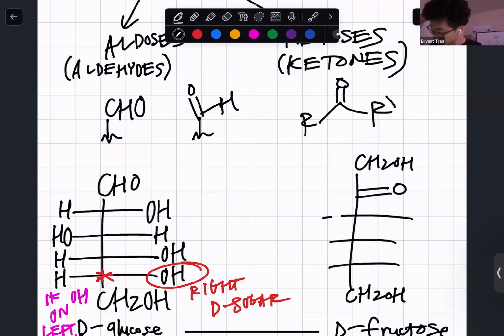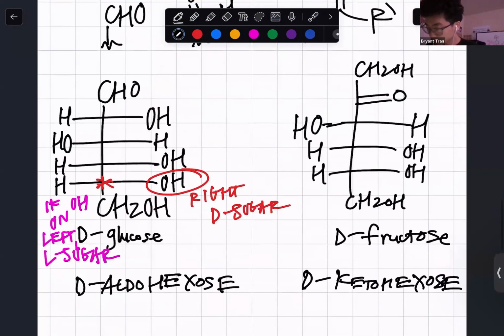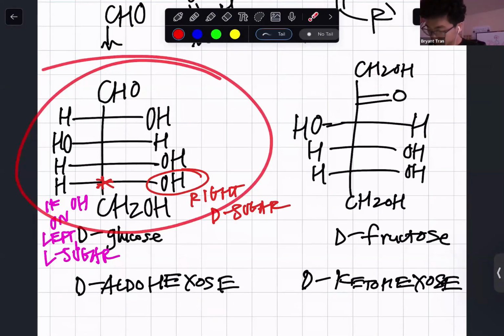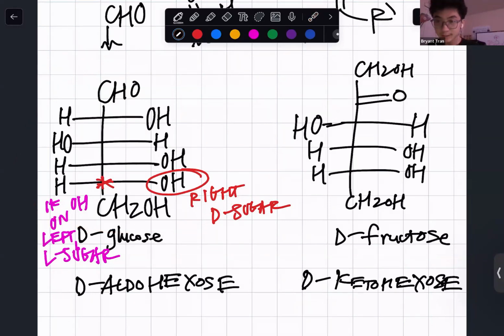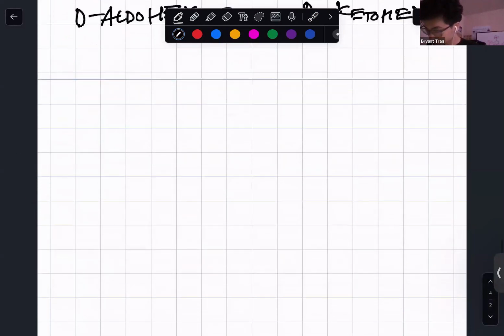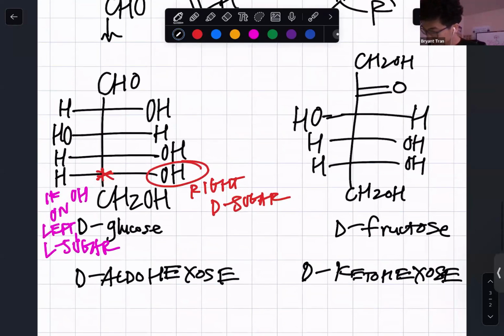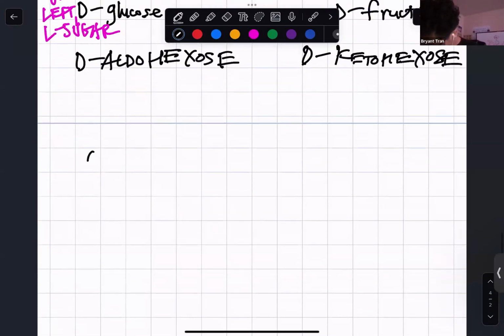And D-fructose would copy and paste everything else like D-glucose is, like that, like that, like that. H and H. Okay. So I'm gonna close the ring for D-aldose first, and then close the ring for D-ketose after. Okay.